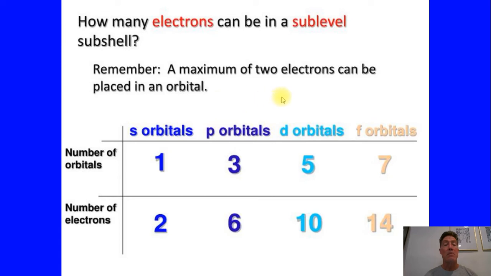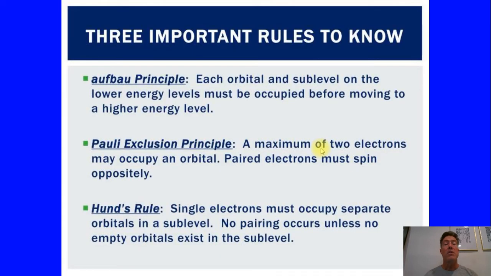So how many electrons can be in a sublevel? Well, in the S, it has 1 orbital, 2 electrons. P, 3, 6, we talked about this, 5, 10, 7, 14. Now these are the 3 important rules to know about filling out orbitals and subshells. The first is the aufbau principle, and that means we start with the lowest energy levels first before filling higher energy levels.